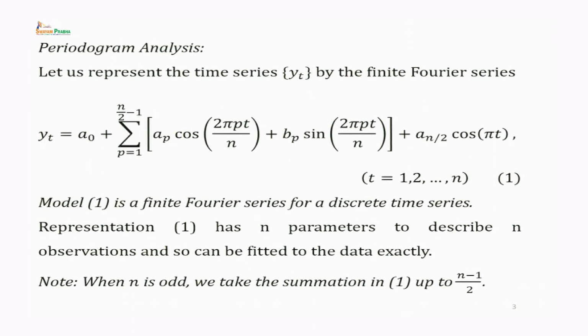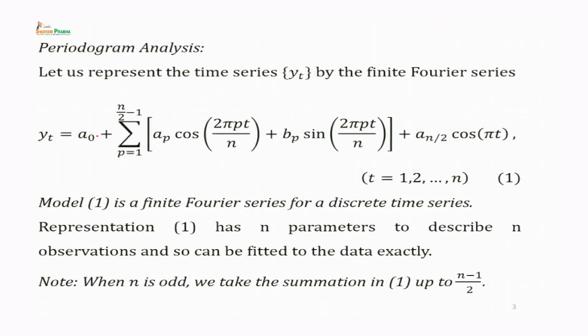Then for the next normal equation, we multiply y t by cos 2 pi p t by n, and then we take summation over t. So, on the left hand side you get summation over t y t cos 2 pi p t by n, then you have a naught into summation over t cos 2 pi p t by n.